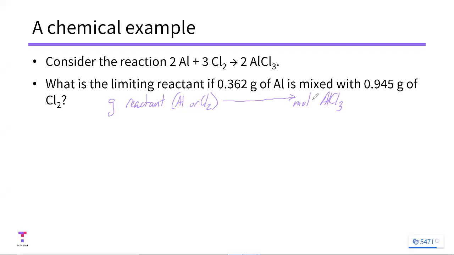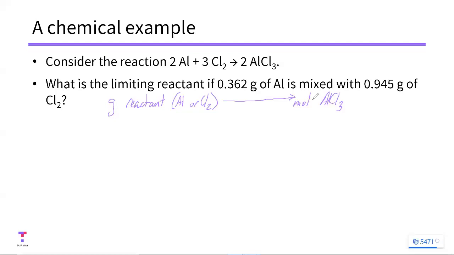So if I just turn the grams into moles, yes, the unit is the same, but moles of aluminum versus moles of chlorine is not a comparison. They're different substances. As you can see in the reaction, they react in different rates. The chlorine is going to react 1.5 times faster than the aluminum is because the ratio there is 3:2.